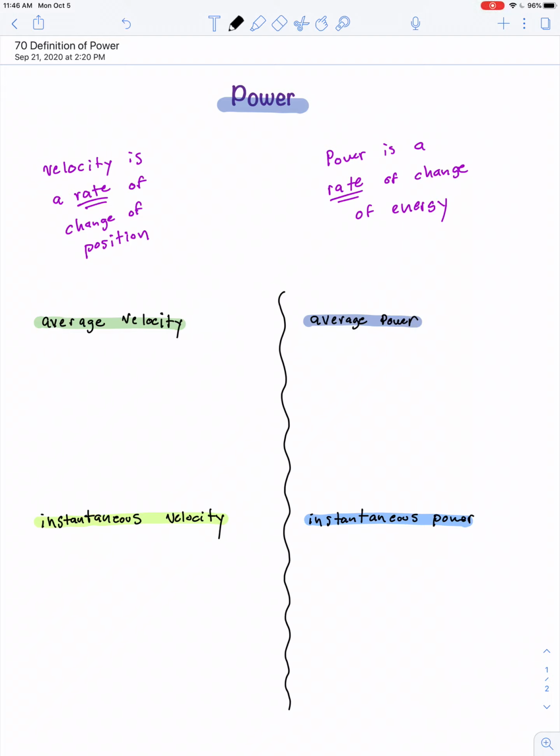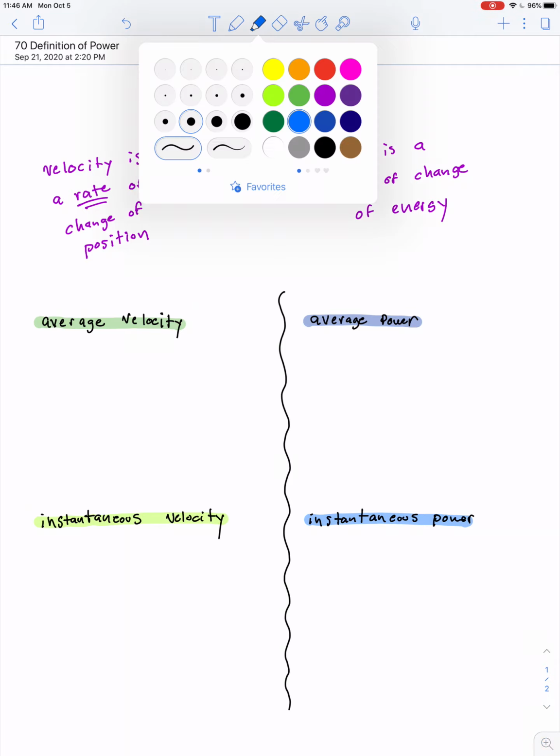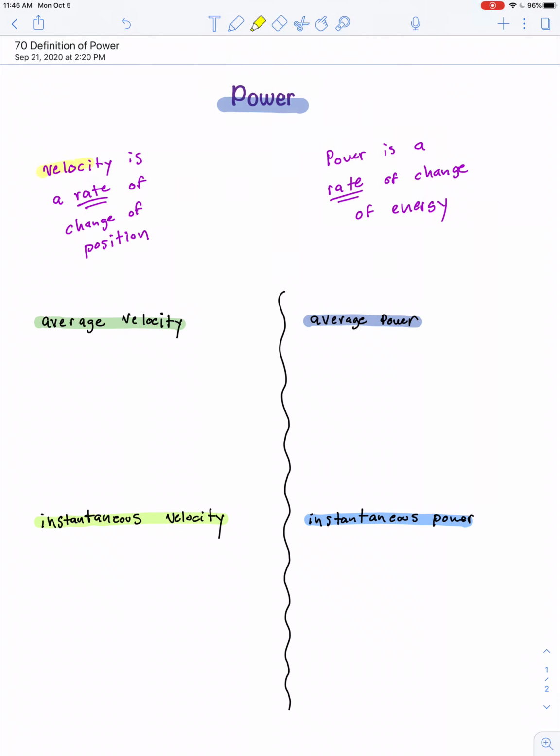Power is a quantity like velocity or acceleration, which represents a rate of change of some quantity. For example, in our first unit of study on kinematics, we learned that velocity is a rate of change of position. And we can write that mathematically.